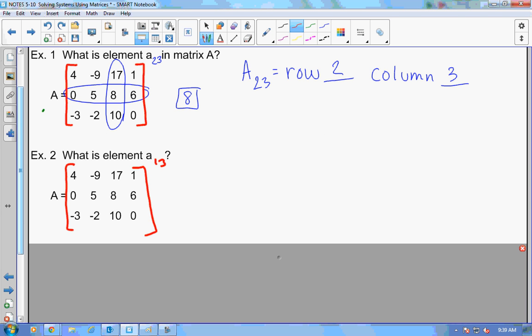You need a partner for this. What is the element of A13?